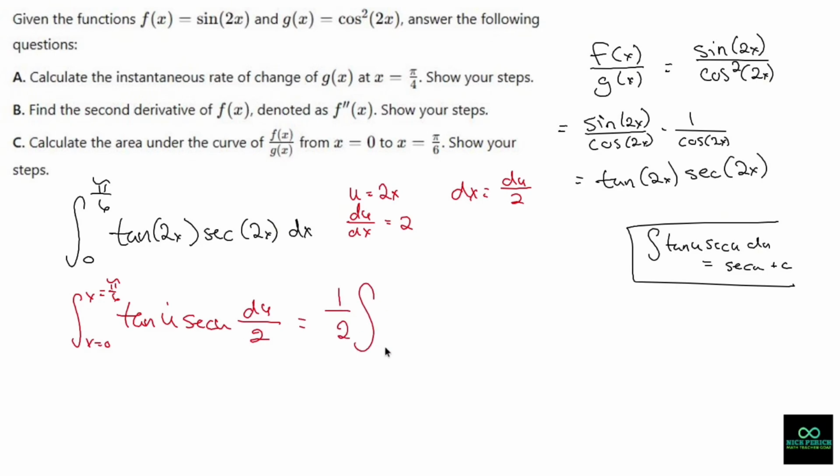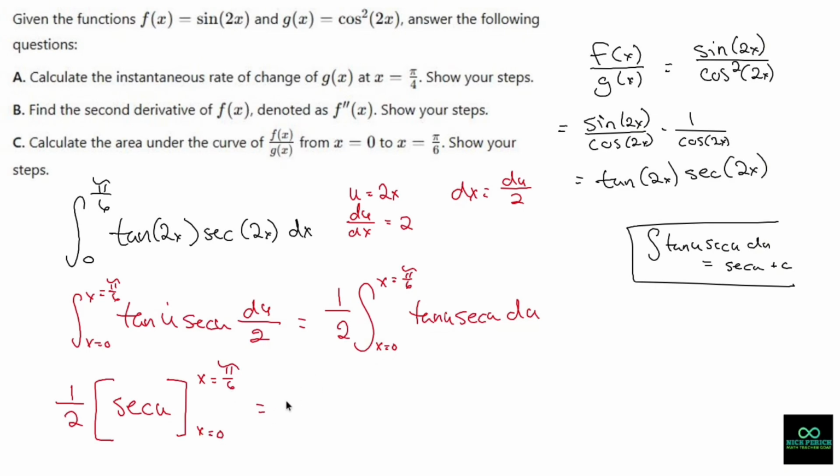So to pull the 1/2 out, my limits are still x going from 0 to pi over 6, and then I have tan u secant u du. And according to what I just wrote right over there, that is going to become secant u, where my x limits are still pi over 6 and 0.